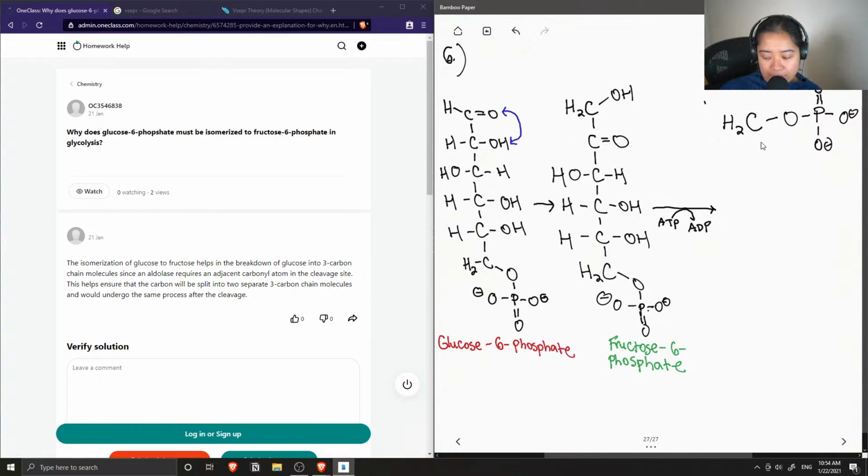So that's a double bonded oxygen at the top. And you can see that this ketone is here. And then the rest of the molecule looks the same.